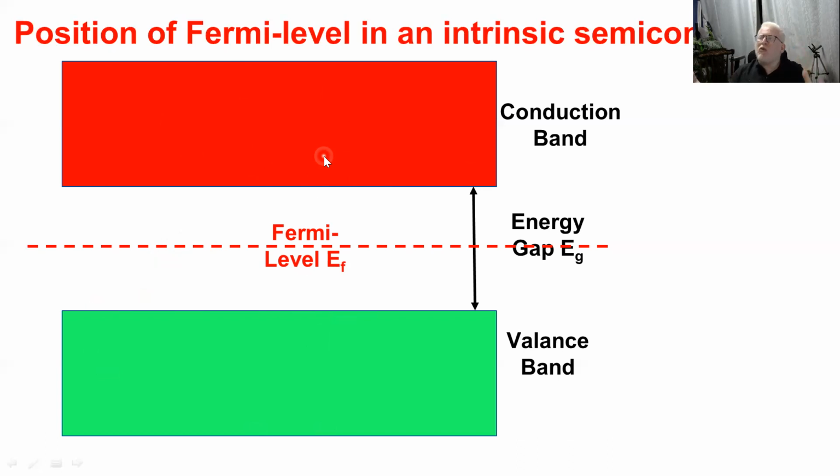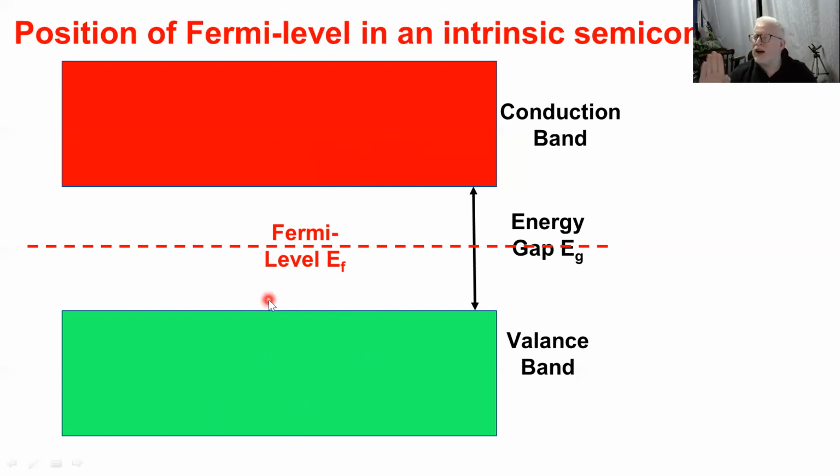If in the balance you have one side heavier than the other, then this vertical line will turn toward the heavier side. Now, if you have electrons more than holes, then the Fermi level will shift upward. If you have holes greater than electrons, the Fermi level will shift downward.